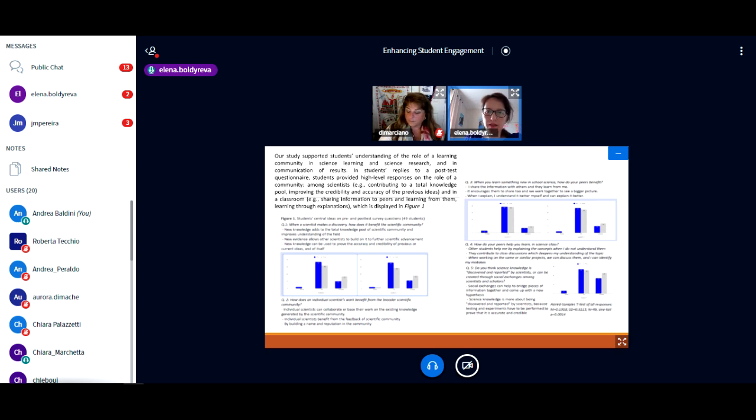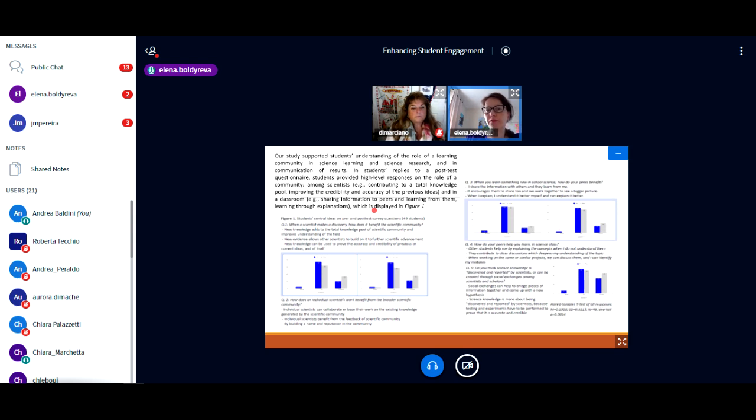We did some preliminary analysis before and after the curriculum. We looked at what students are saying about the role of the community, the role of the classroom community, and the role of the scientific community.